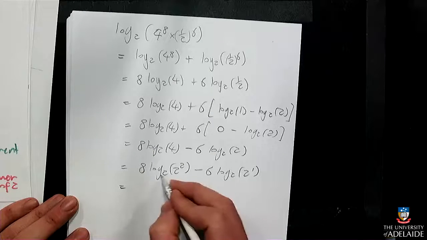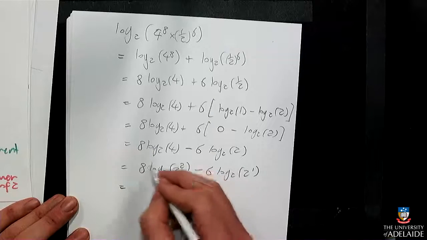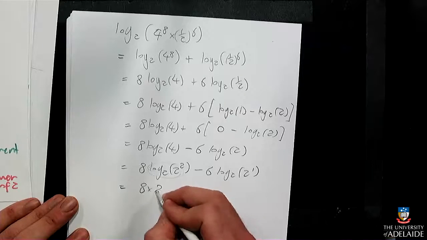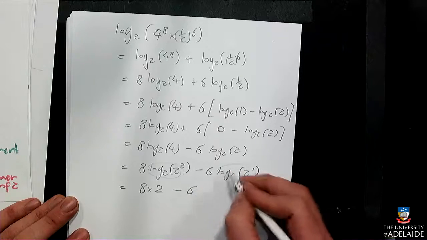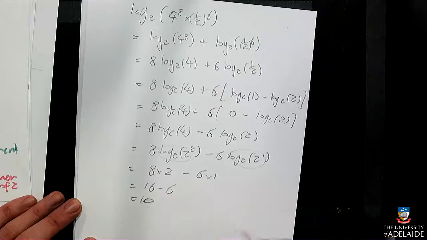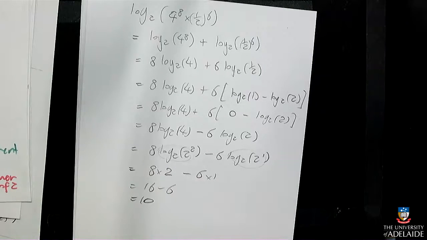Okay, so log base 2 of 2 squared, they sort of undo each other, so we get 2, and they undo each other, so we get 1. So we get 16 minus 6, so we get 10. Okay, it comes out to a neat whole number, which is how I set it up to begin with when I thought of the example.